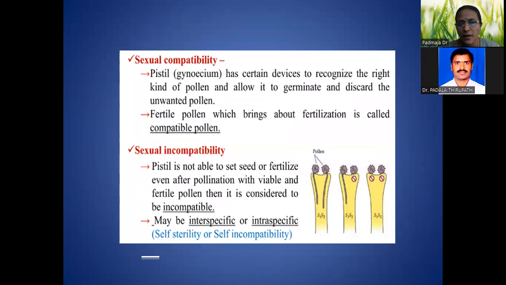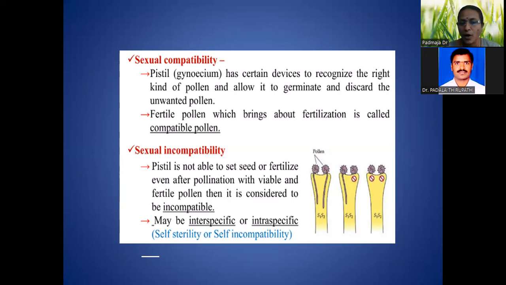For sexual compatibility, we already know the pistil, or the carpel, or the gynoecium has certain devices to recognize the right kind of pollen and allow it to germinate and discard the unwanted pollen. Only the pollen which is suitable will germinate.